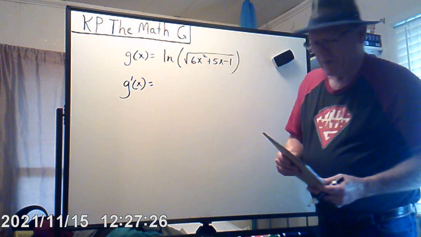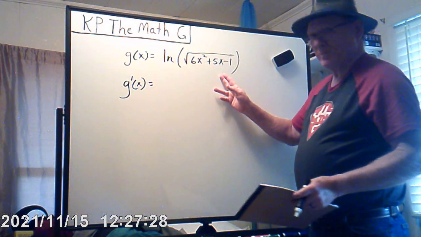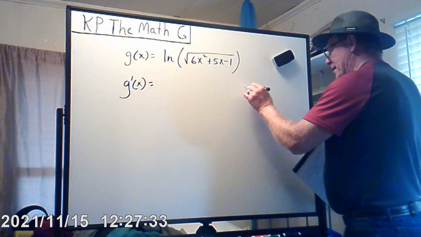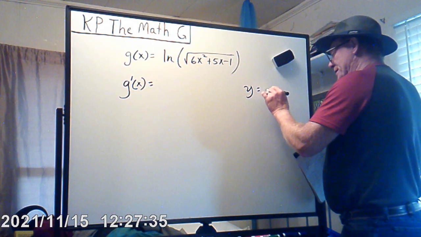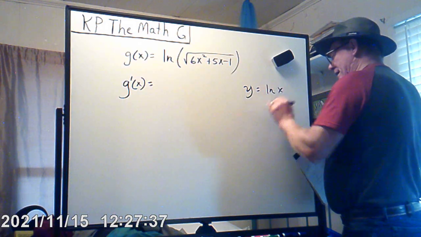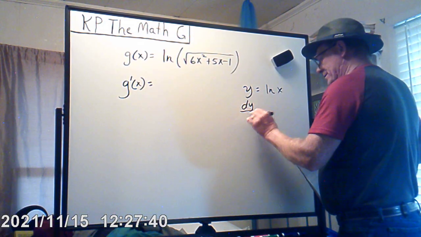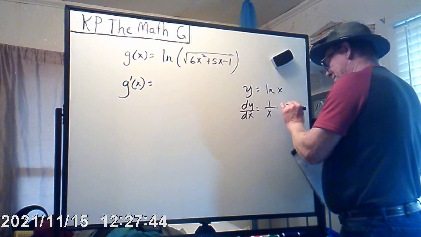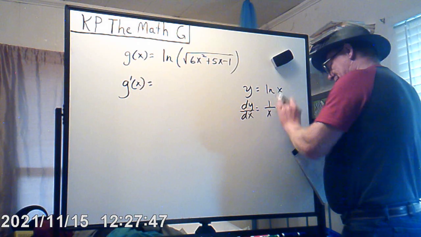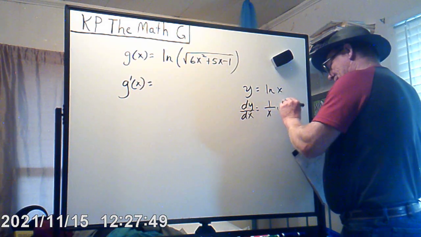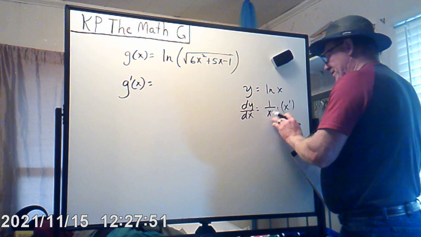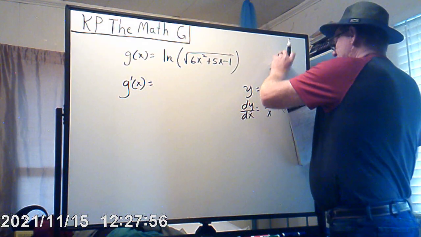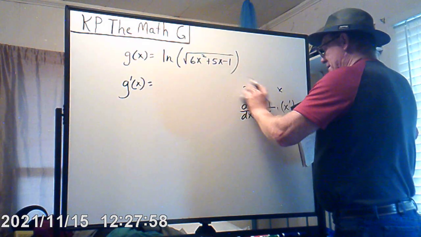Okay, it's ln of something. So remember that if we had y is equal to ln of x, then dy over dx is equal to 1 over x times the derivative of that. So we have to remember to do the derivative of whatever is inside. So this is what we're going to do.